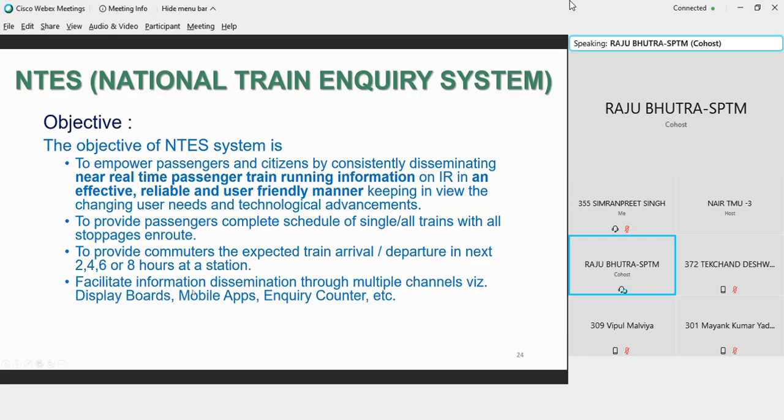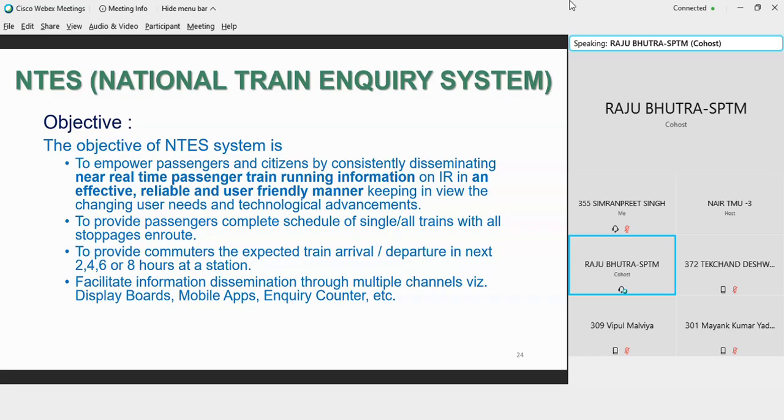Then facilitate information dissemination through multiple channels, namely display boards, mobile apps, inquiry counters, etc. They are provided using NTES. You must have seen many display boards at the stations for the use of passengers. Then there are various mobile apps which provide information to the passengers. There are also face-to-face inquiry counters at stations.